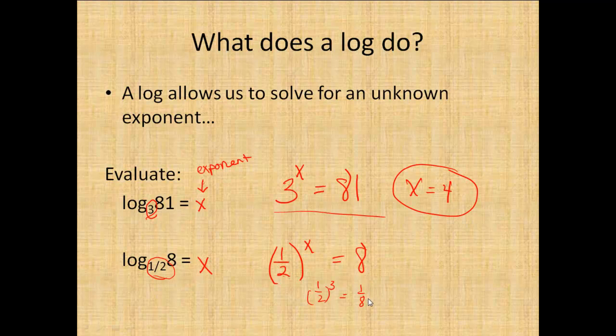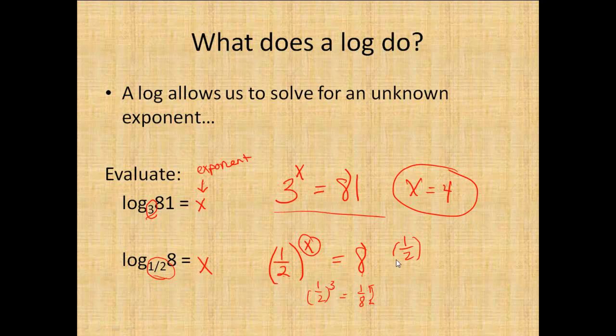Then I have to start thinking about, well, how can I change 1/8 into 8? Well, if I were to do the reciprocal of it, so if I were to flip the bottom to the top and the top to the bottom, it would give me an 8. So you want to think about your rules of exponents. What rule of exponents means that you have to cross the line and switch the sign? Okay, that's your negative exponent. So this is telling me that the 3 is going to get me to the number 8, but it's going to be in the wrong spot, so I'm going to have to make it be a negative 3.